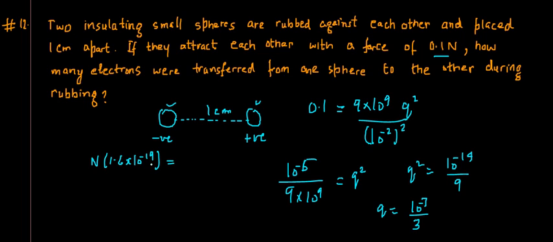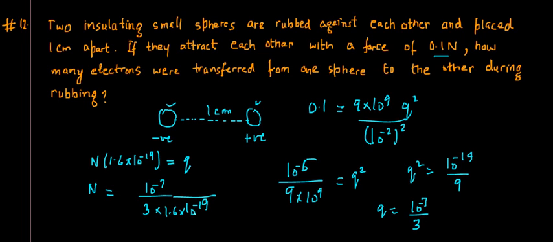This is equal to the charge q. So n, we have to find out, is equal to the charge q, that is 10 to the power of minus 7 divided by 3, divided by 1.6 into 10 to the power of minus 19.